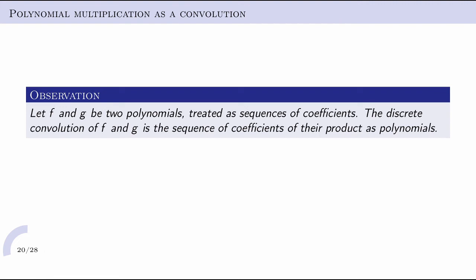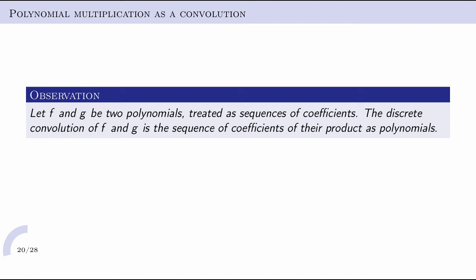So what we have is that if we take two polynomials and we treat them as sequences of coefficients, then the sequence of coefficients of the product is just the convolution of the two sequences.